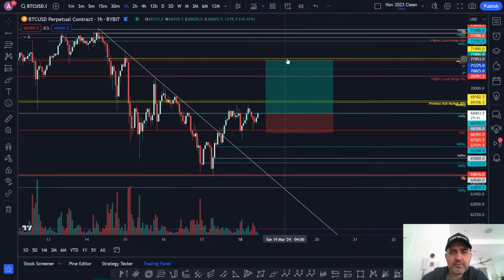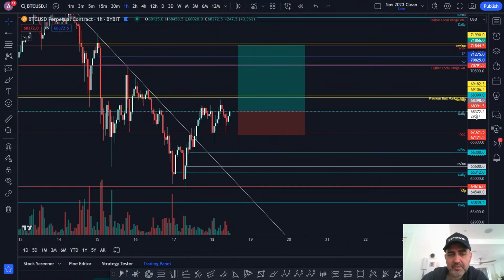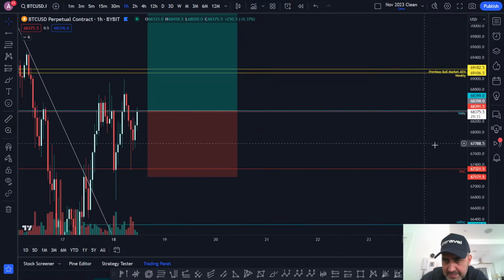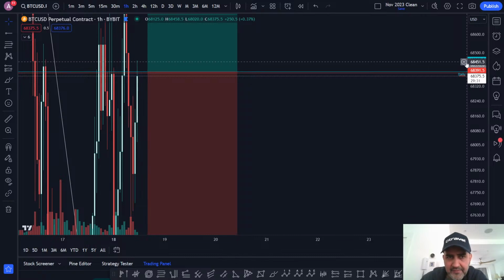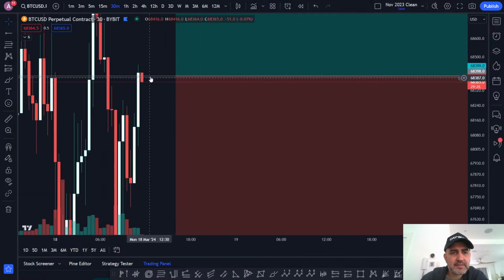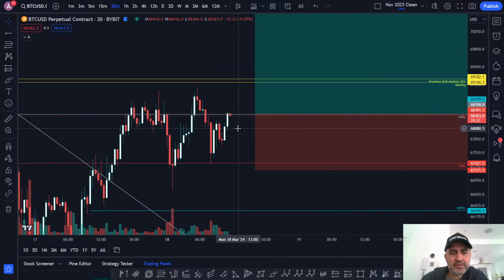Fill the gap, react off the high volume node at the other side of the gap. The problem is that at the moment we are into this daily level, which is also a high volume node. You see that the price is still finding resistance at this high volume node.